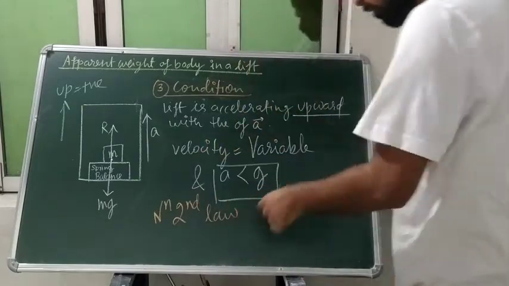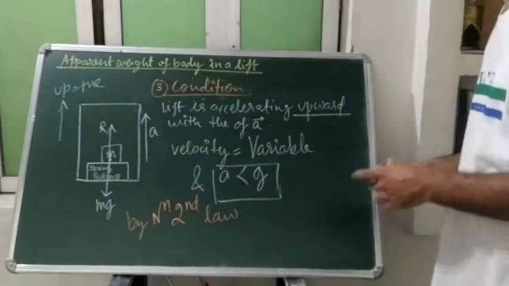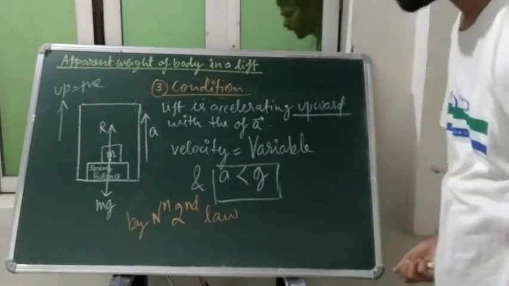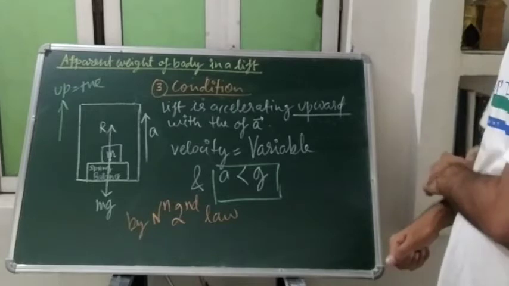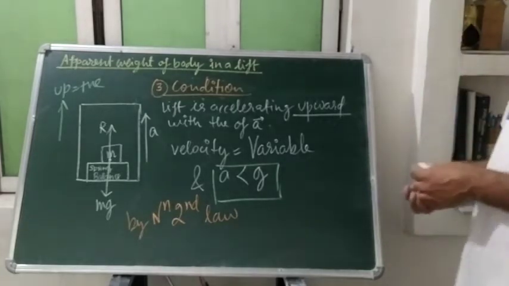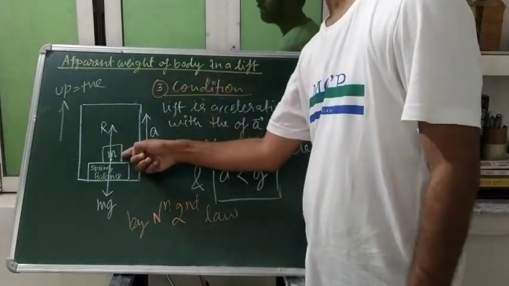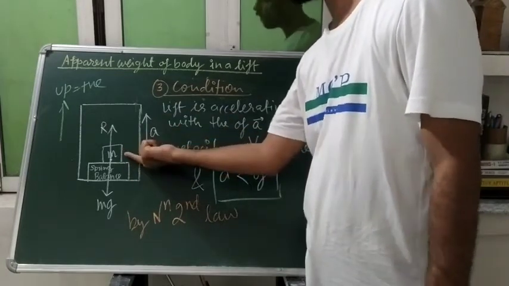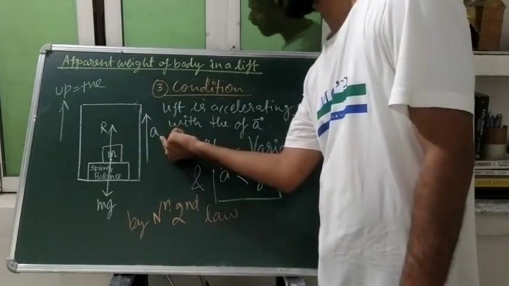By Newton's second law, when there is acceleration, what is Newton's second law? The net force acting on the body is equal to the mass times the acceleration of the body. According to Newton's second law, the net force acting on this block should be equal to m times the acceleration of the body.